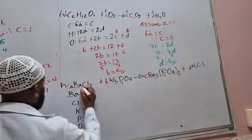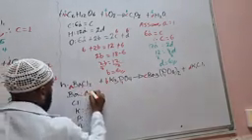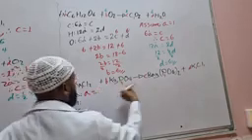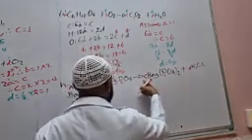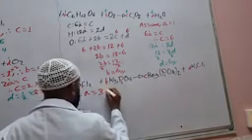Therefore, 1 times A is equal to barium in the product, 3 times C, 3C.